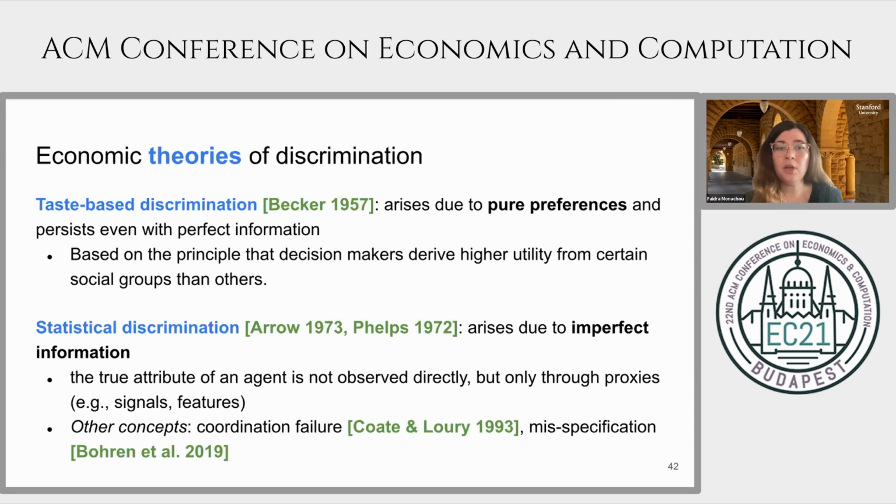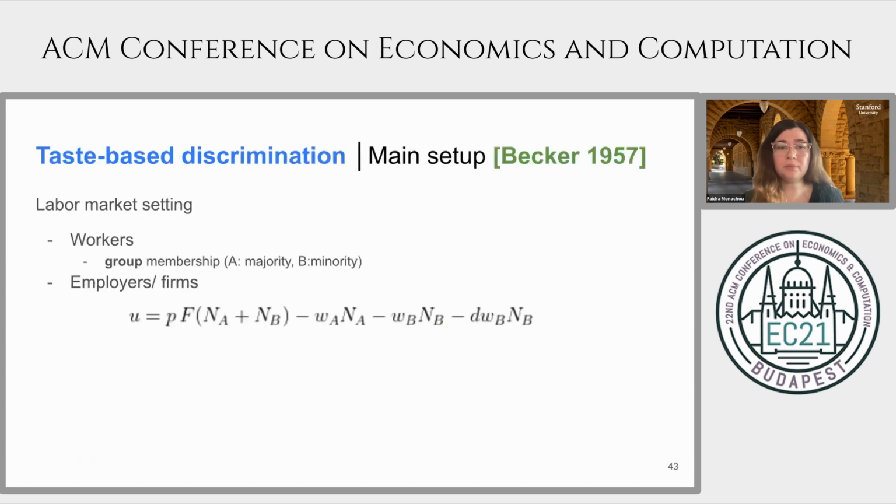The key difference between these two is the effect of information. If the decision maker had perfect information about this individual, statistical discrimination wouldn't arise, but taste-based discrimination would still exist. So let's start with the first theory, the taste-based discrimination.